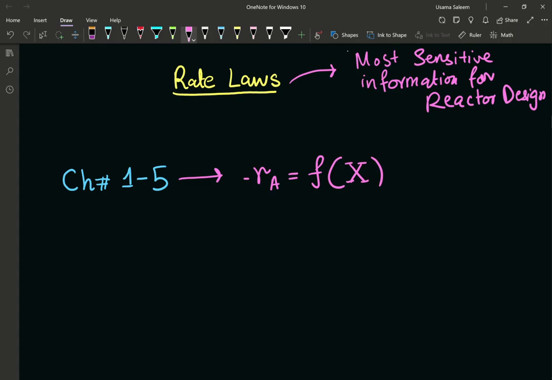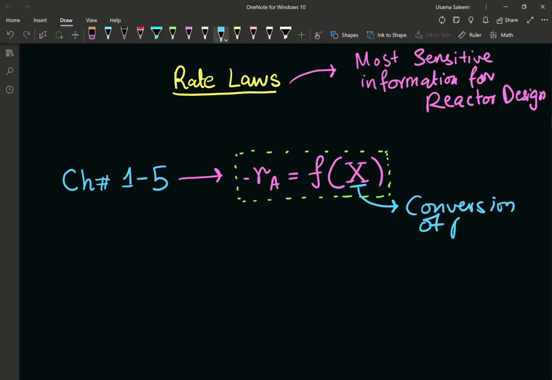So if I were to give you the highly distilled form of the first 5 chapters, it's the development of the rate law expression in terms of the conversion of your reactant.